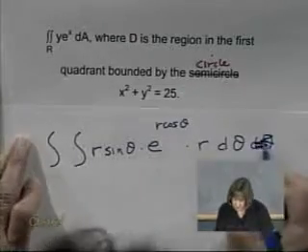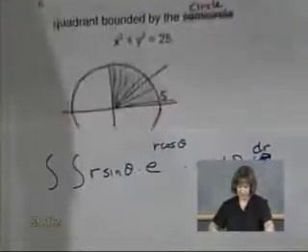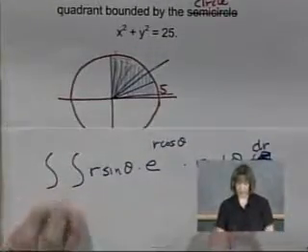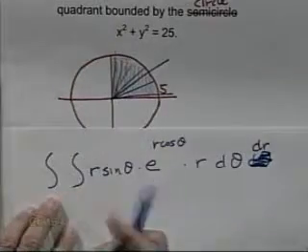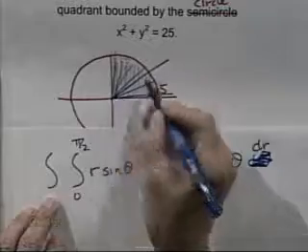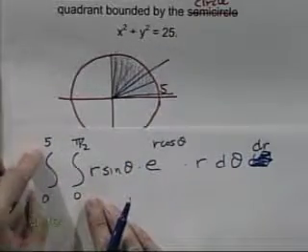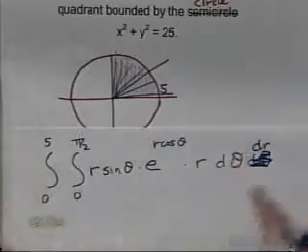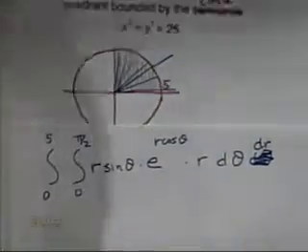Oops, d theta dr. Be nice if I had whiteout or an eraser. Now, if I integrate with respect to theta first, what's theta ranging from? From 0 to pi over 2. And then what's r ranging from? From 0 to 5. You can only do this when your limits of integration are constants. If you had r ranging from something to something in terms of theta, you could not flip-flop that order.